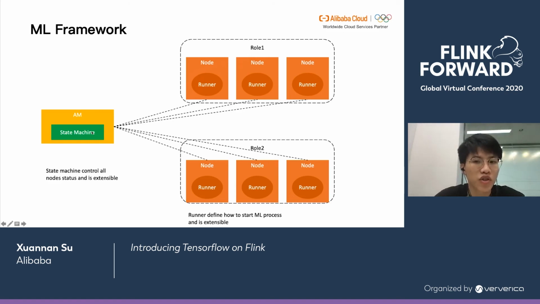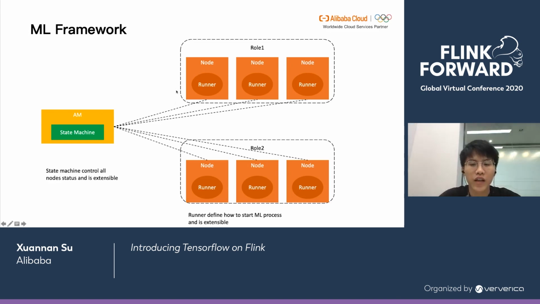It uses the state machine to handle the status changes from the nodes and update the status of the cluster. For example, an AM can restart all the machine learning nodes when it finds out that there is a failing node. And we make the state machine extensible so that different machine learning clusters can customize their own state machine to better fit their needs.